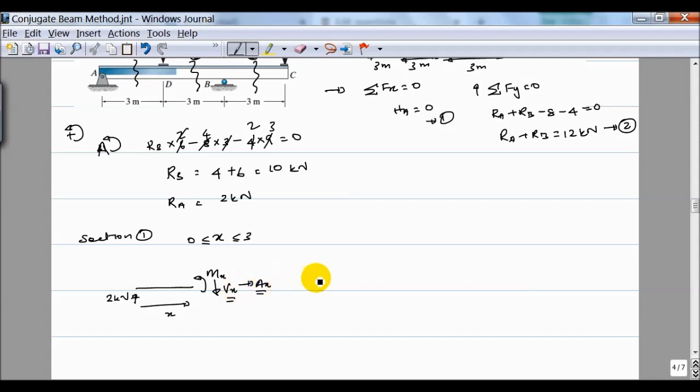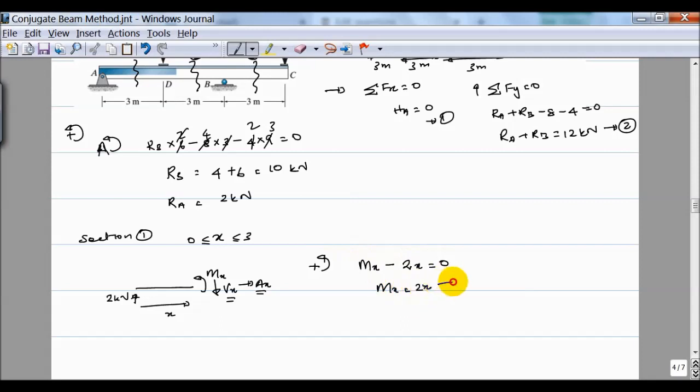Now I am interested in moment because I need the bending moment diagram to plot the M over EI diagram. So if I consider the equilibrium condition, taking counterclockwise positive, Mx minus 2x is equal to 0. So Mx is equal to 2x.